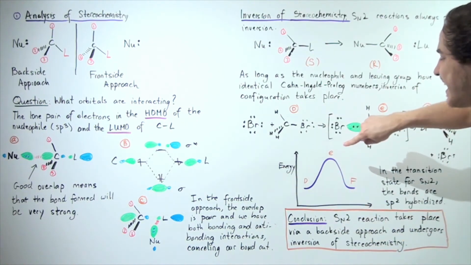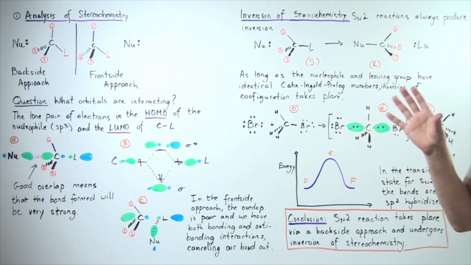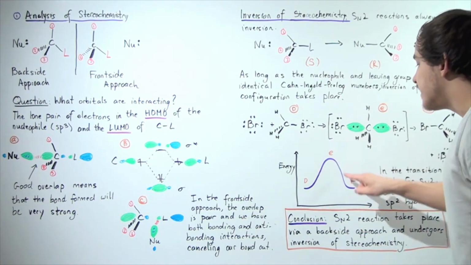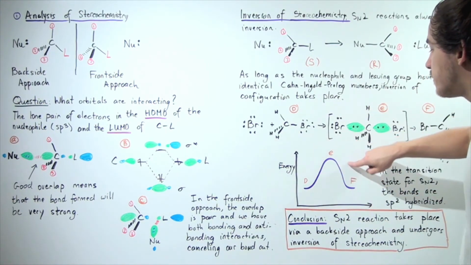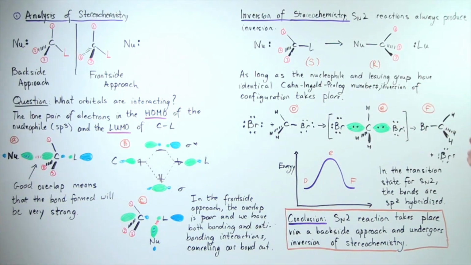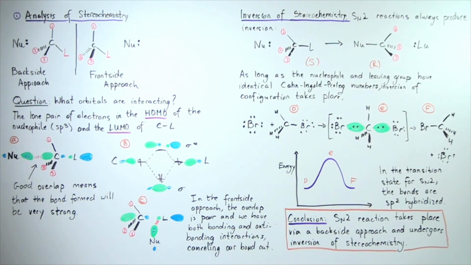But because E is an energy maximum, it's a transition state, that means it cannot be isolated, and it exists on top of this hump. So in the transition state for SN2 reactions, the bonds are sp2 hybridized as long as we have a symmetrical diagram as we have here.